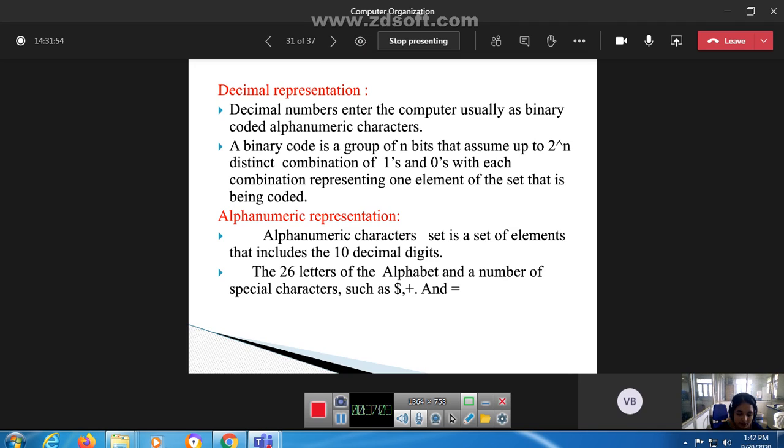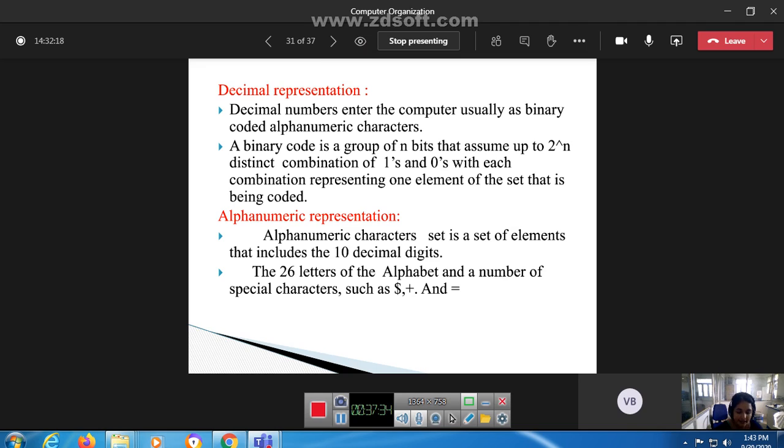When decimal numbers are used for internal arithmetic computations, they are converted to a binary code with 4 bits per digit. A binary code is a group of n bits that assume up to 2 power n distinct combinations of ones and zeros, with each combination representing one element of the set that is being coded.